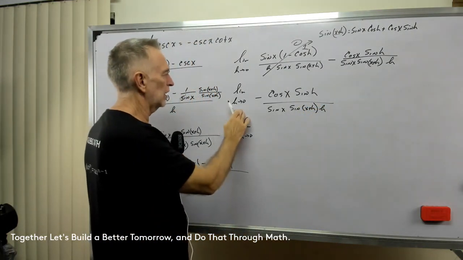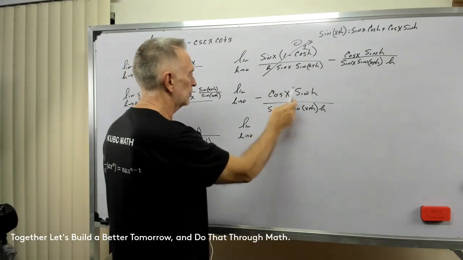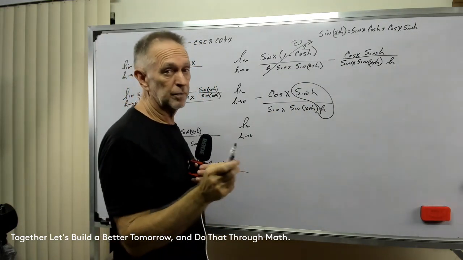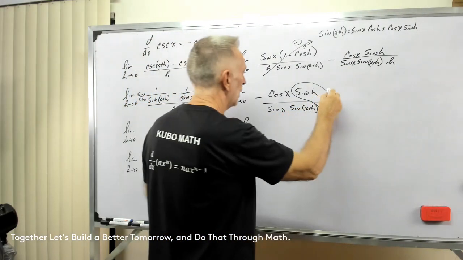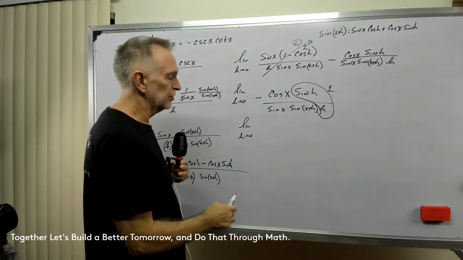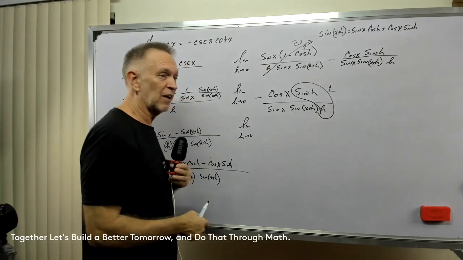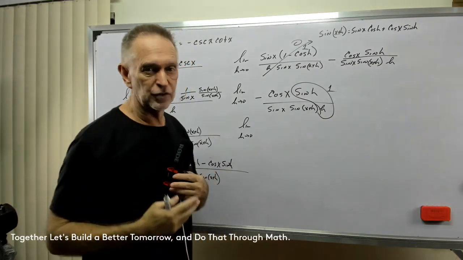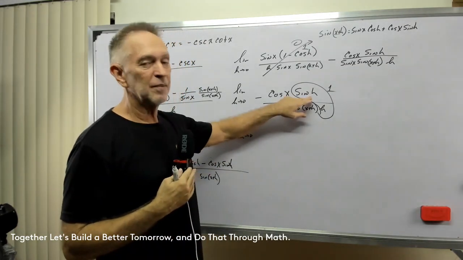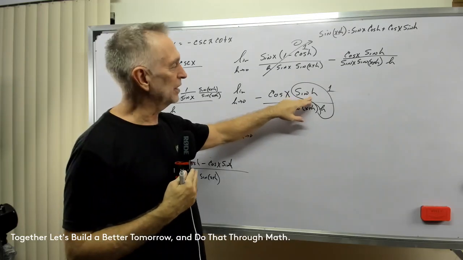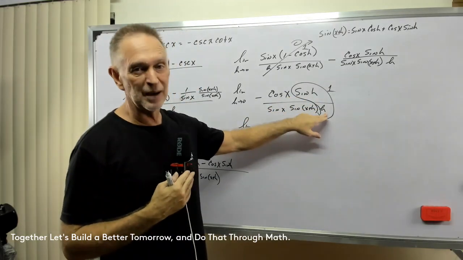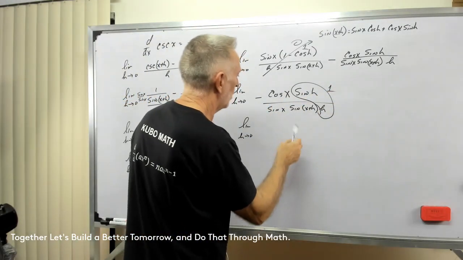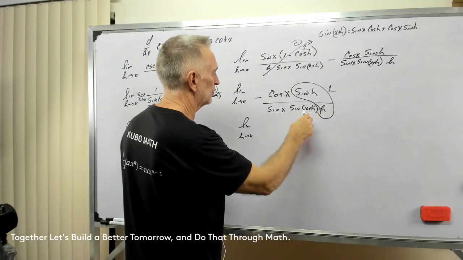Now let's work through our limit on that side. Sine h over h, if you take that limit, and we had this in a previous video, becomes 1. That's not so obvious, but if you plug it in your calculator in radians, and let h be 1 times 10 to the minus 6, for example, sine of 1 times 10 to the minus 6 will be 1 times 10 to the minus 6, and divided by 1 times 10 to the minus 6 is 1. So that becomes 1. As h approaches 0, that becomes just sine x.